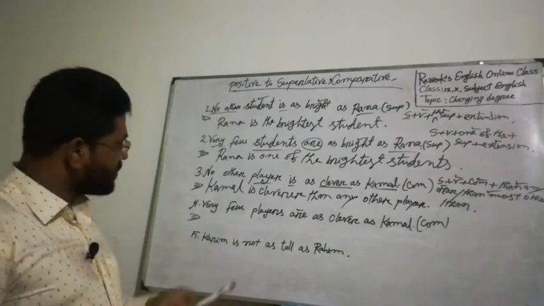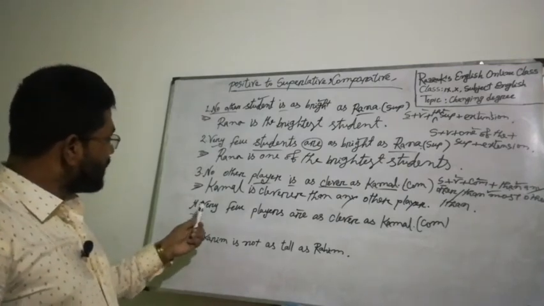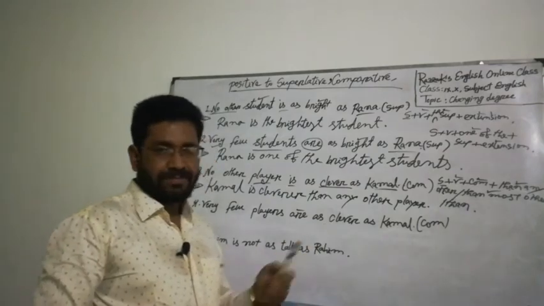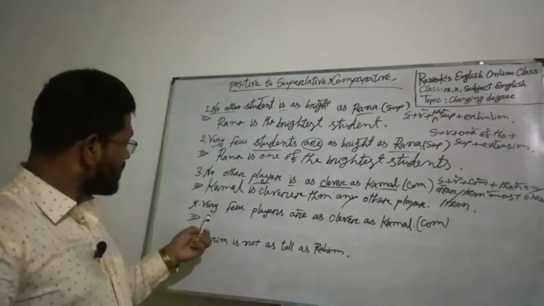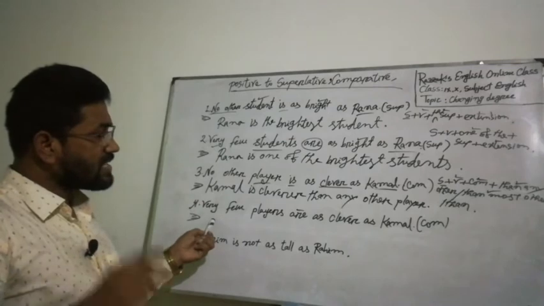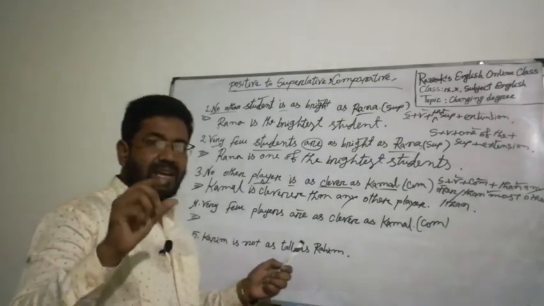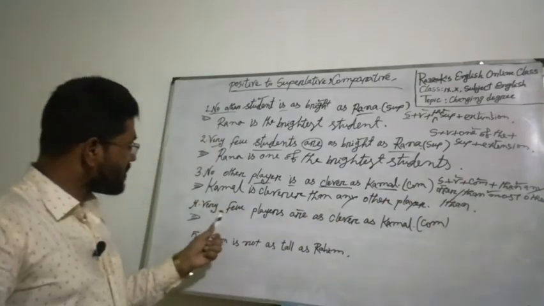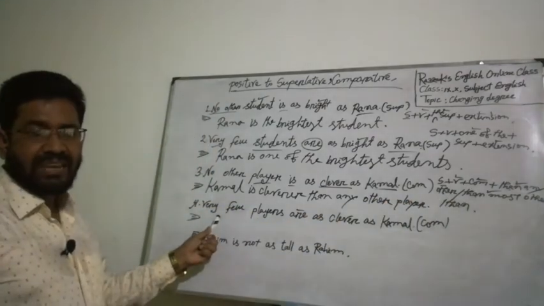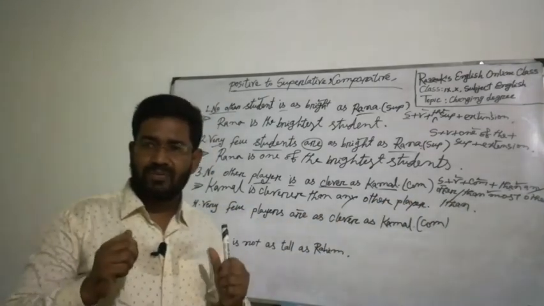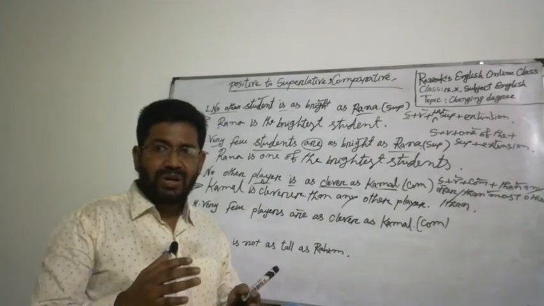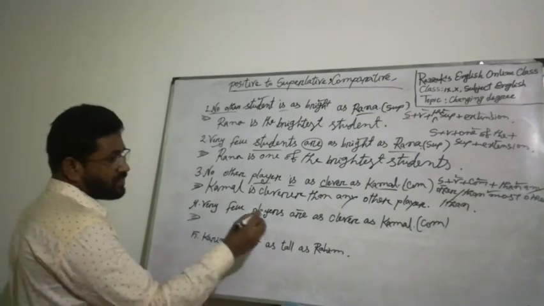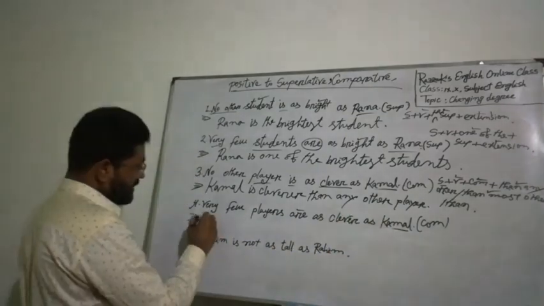Dear students, notice question number 4. Very few players are as clever as Kamal. The structure will be subject plus verb plus comparative plus then most other, because the sentence starts with very few. Let's rearrange it. Kamal is the subject.